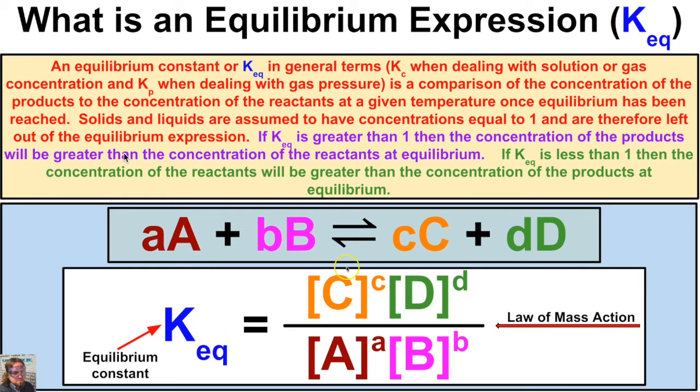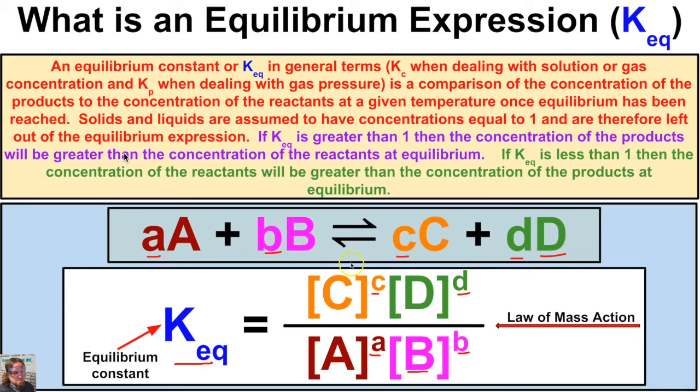Once equilibrium has been reached, the equilibrium constant is going to equal the concentration of C raised to some sort of power, where c is the coefficient from our balanced chemical equation here, times the concentration of product D raised to the d power, where d is our coefficient that comes in front of the product in our balanced chemical reaction, divided by the concentration of A raised to the a power, where a is the coefficient for reactant A, times the concentration of reactant B raised to the b power, where b is our coefficient that comes in front of this reactant right here.